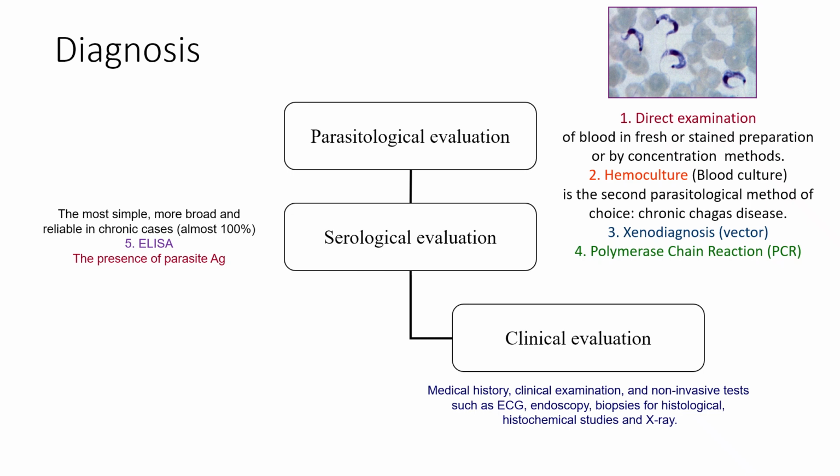Of course, we can also diagnose using PCR methods, which are very sensitive to detect it. Serological tests include ELISA again. It is quite widely used because it's easy to perform, and it has to be backed up with clinical evaluation, including medical history and clinical examination, such as ECG, endoscopy, biopsy, or X-ray.